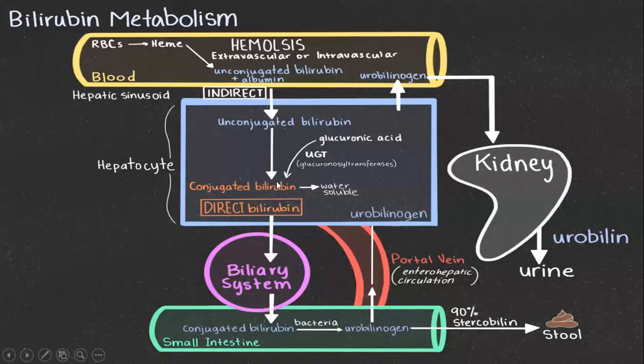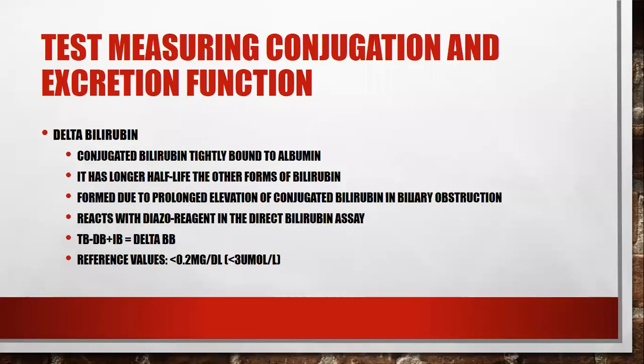Going back to this diagram, when there is obstruction in the biliary system, your direct bilirubin cannot pass through and is regurgitated back, such that increased amounts are produced in the extravascular or intravascular circulation, thus producing increased levels in the serum or circulation. That's why it's also termed post-hepatic.